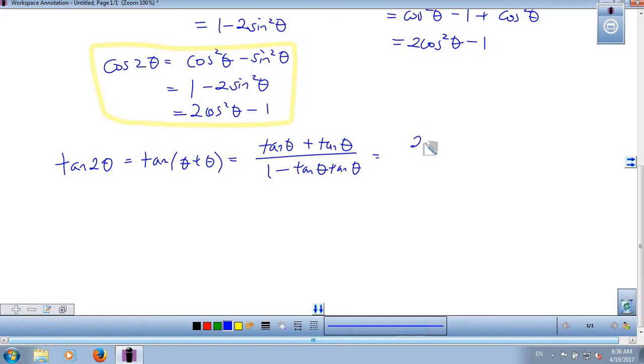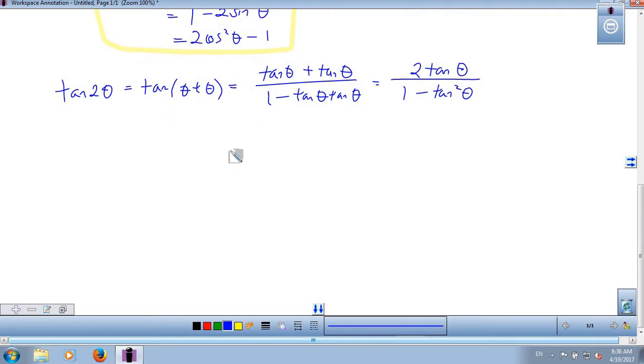So this becomes 2 tangent theta divided by 1 minus tangent squared theta. That's the double angle formula for tangent. Tangent of 2 theta equals 2 tangent theta divided by 1 minus tangent squared theta.